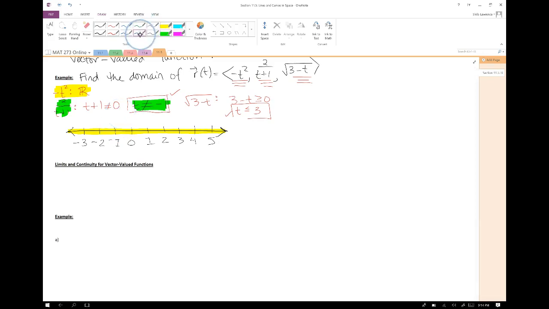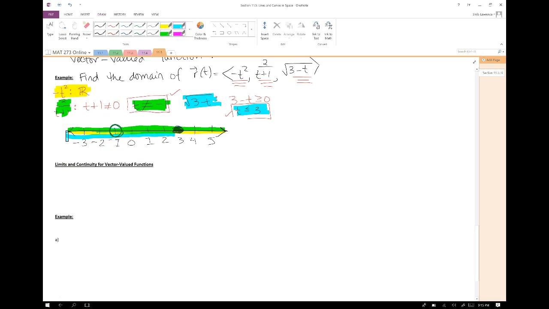So we've got an open circle at negative 1 because we're not allowed to use it, but we are allowed to use everything else above and below. And then our final component was the square root of 3 minus t. We determined that this one was only allowed to use t values less than or equal to 3. So we've got a colored in circle at 3, and we're only allowed to use values that are less than it.